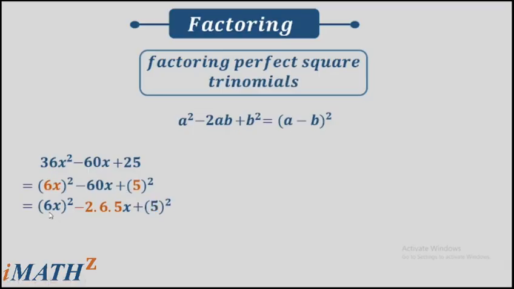All we have to do is identify a and b and stick them into that formula. So to factorize 36x squared minus 60x plus 25, all you have to do is write it as 6x minus 5 all squared. Again, in this case, a is equal to 6x and b is equal to 5.